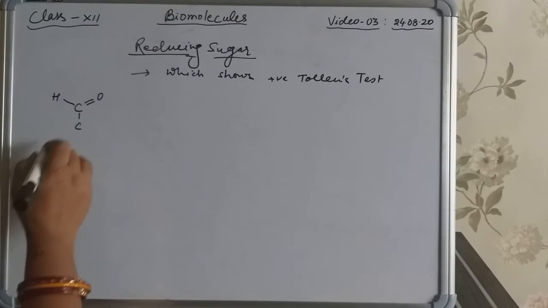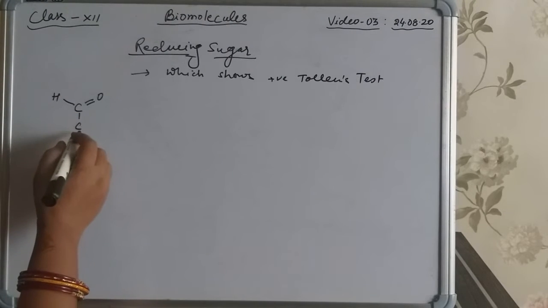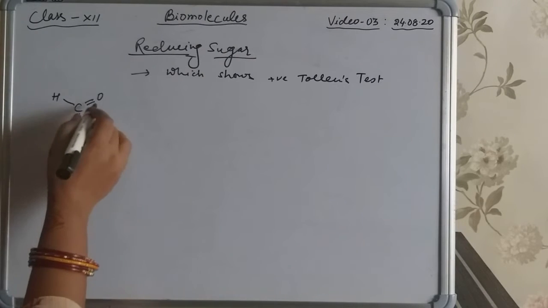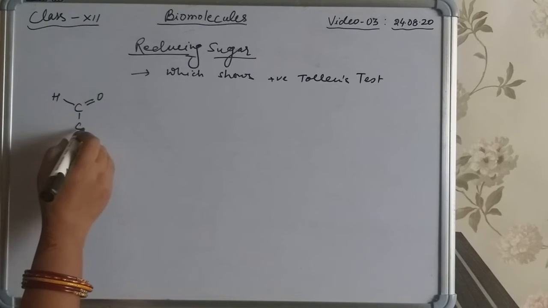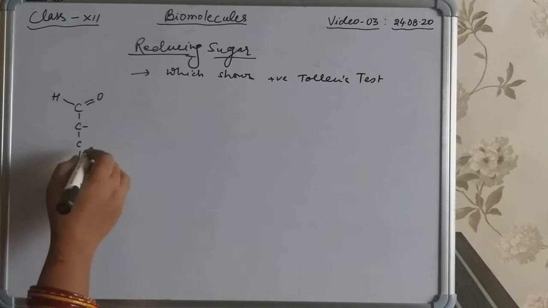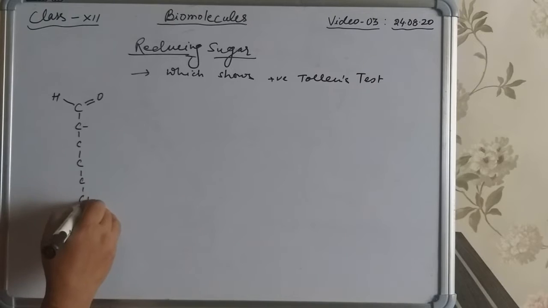As we know, in the structure of glucose, there is a functional group, aldehyde or ketone, present. So in the case of glucose, the aldehyde functional group is present, and the total number of carbons is 6: 1, 2, 3, 4, 5 and 6.